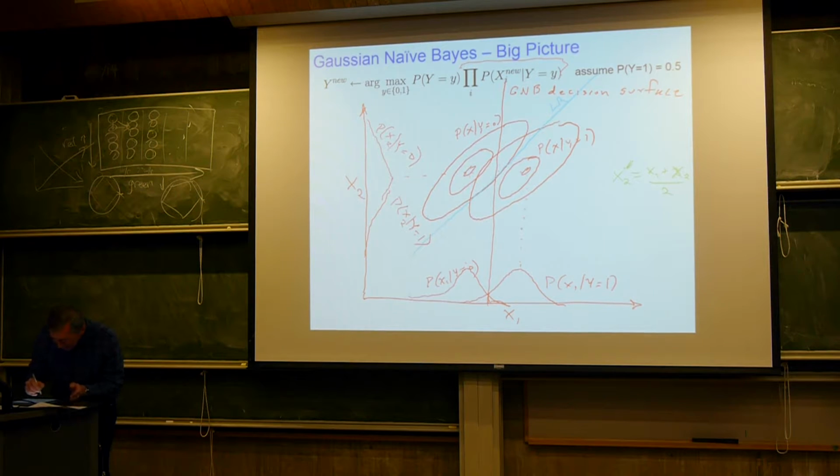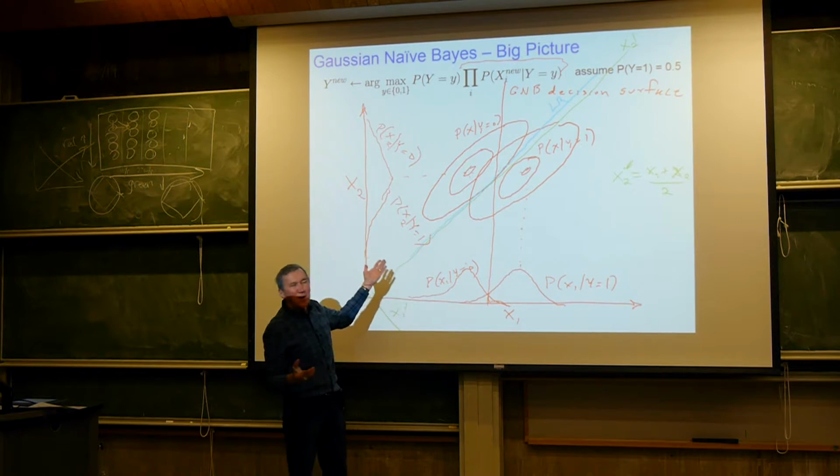So now, basically, what I'm going to do is I'm rotating. So my x2 prime will be essentially this. So here will be my x2 prime axis, and my x1 prime axis will be here.